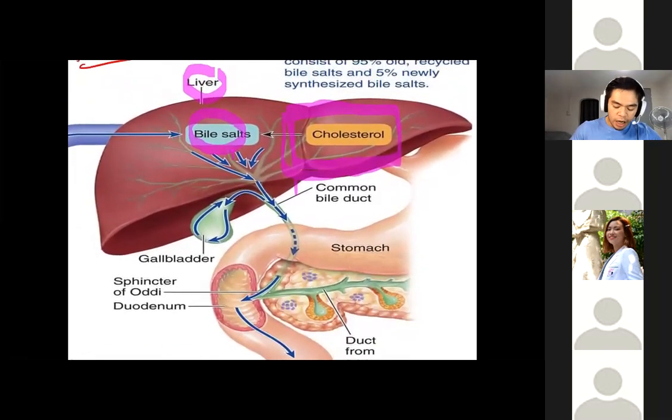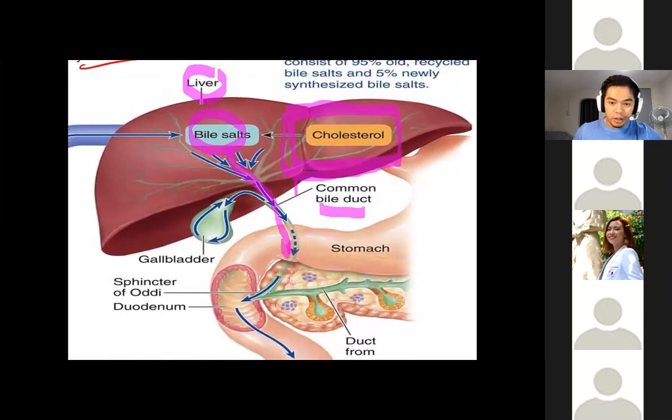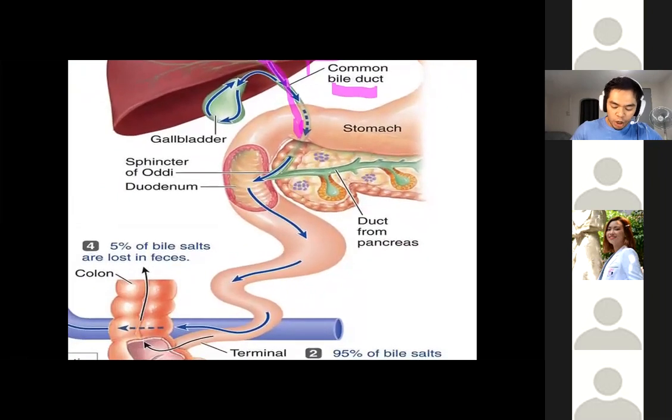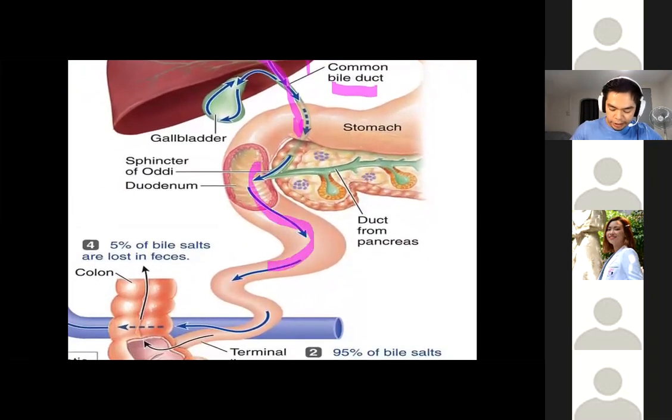Ang bile salt coming from the liver will pass through the common bile duct, until such time that it reaches the small intestine. So focus on the pink highlighter, okay? So we have the bile acid found in the small intestine.